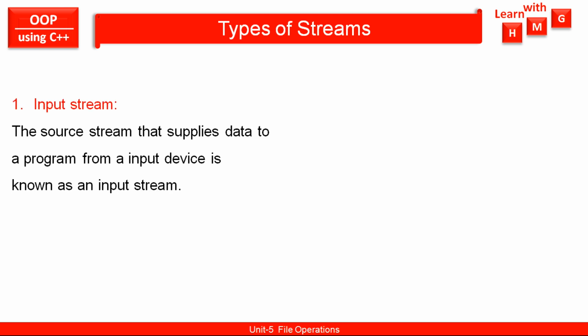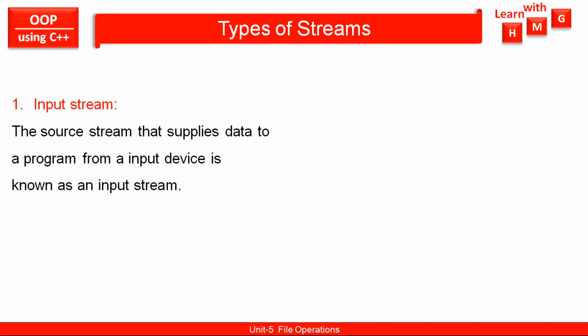Input stream. The source stream that supplies data to a program from an input device is known as an input stream. The input device provides the input data to this particular stream, and that's why it is called an input stream. So it will act as a source that supplies the data to the program.